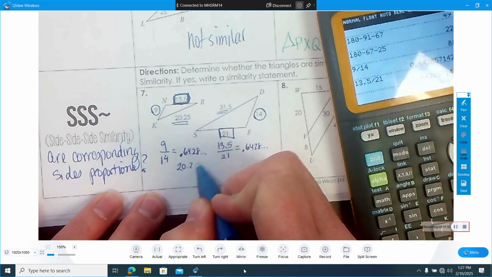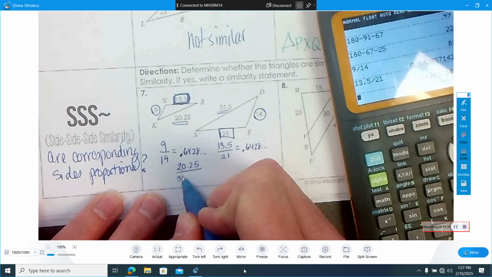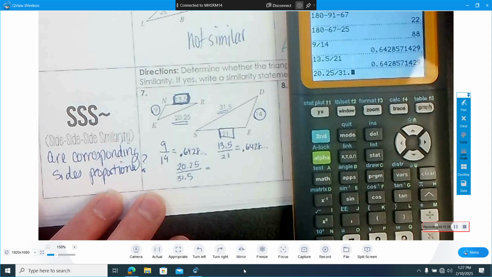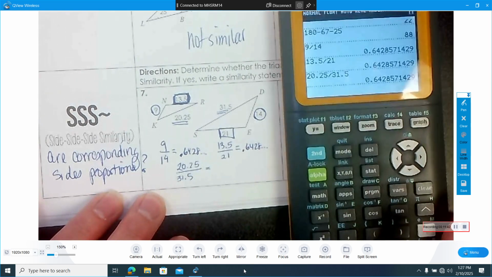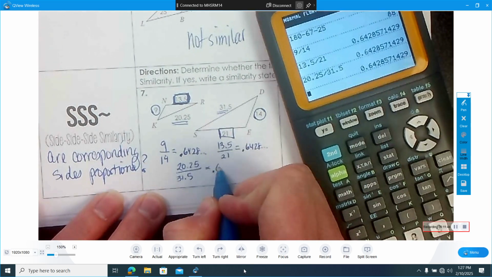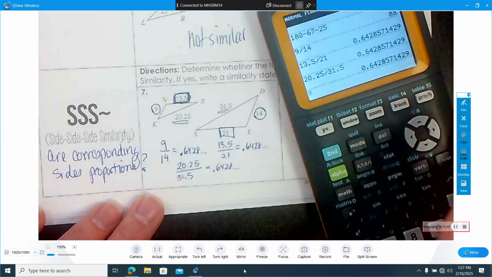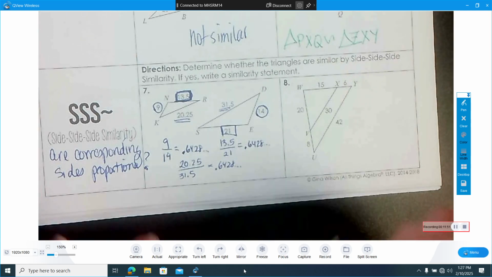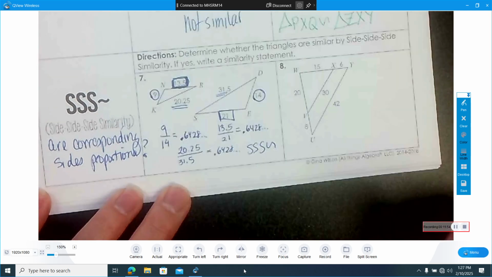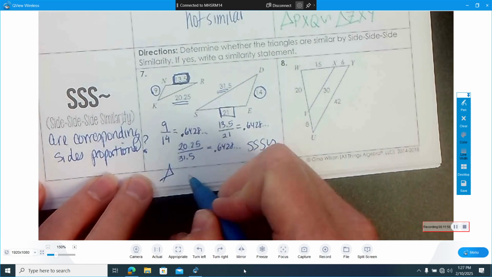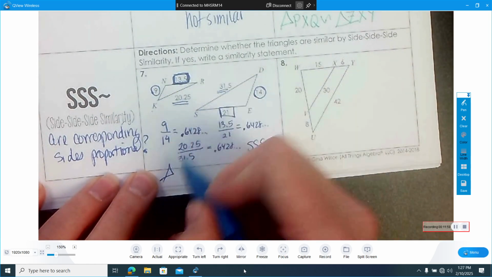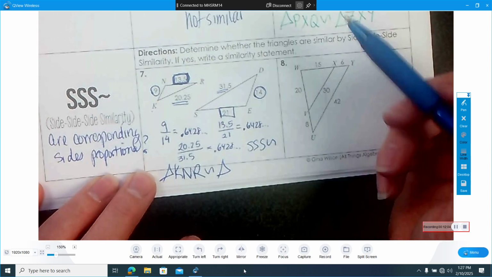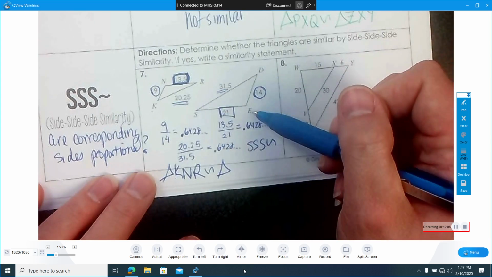So 20.25 compared to 31.5. 20.25 divided by 31.5, and we get the same ratio, 0.6428. So, do they all have the same ratios of sides? Yes. Then they have side similarity. And I can say triangle KNR is similar to triangle DES.